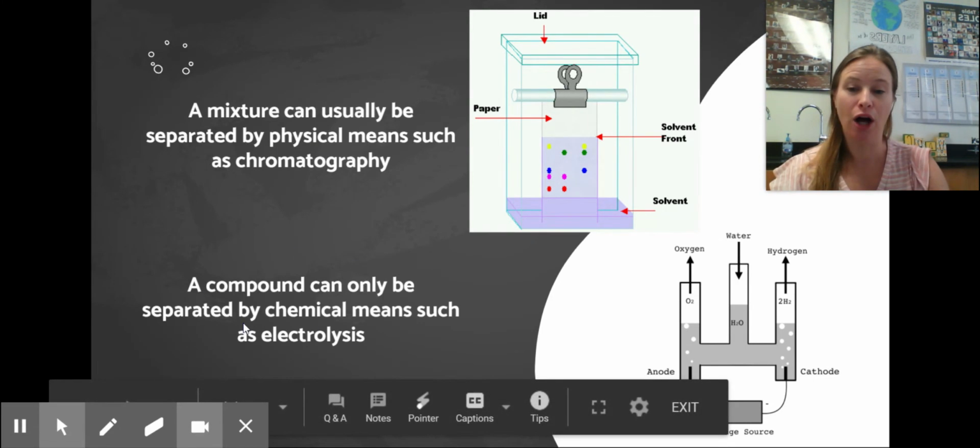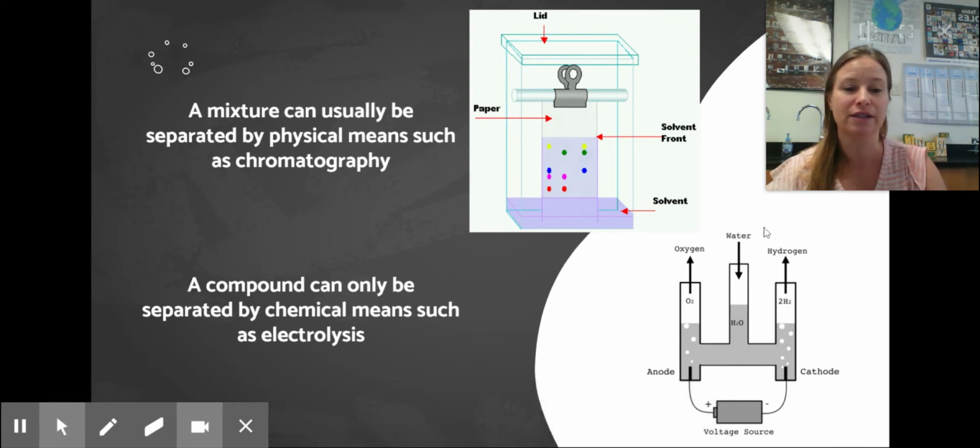And a compound, on the other hand, can only be separated by chemical means. So over here, we have a nice picture of the electrolysis of water. We have a voltage source like a battery, two electrodes, the anode and the cathode, are inserted into the water, and the electricity, which is electrons moving, is able to break apart those water molecules.